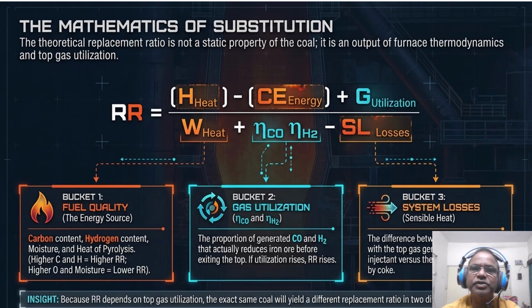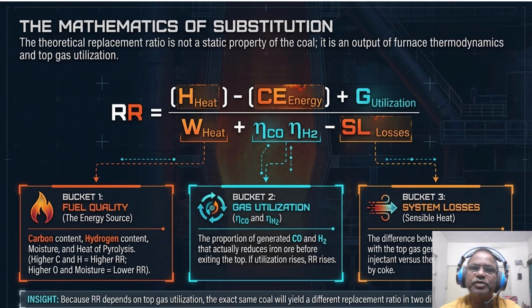Bucket 1 is fuel quality, carbon and hydrogen are your energy source. Bucket 2 is the gas utilization. This is the proportion of CO and hydrogen, that is carbon monoxide and hydrogen, that actually reduces ore before exiting the top. And bucket 3 is the system loss.